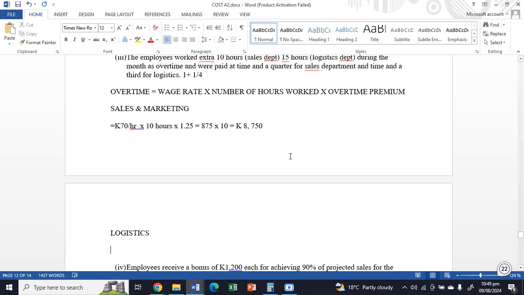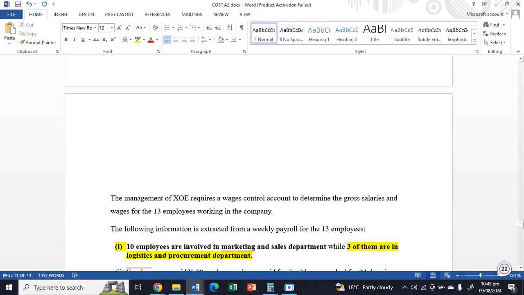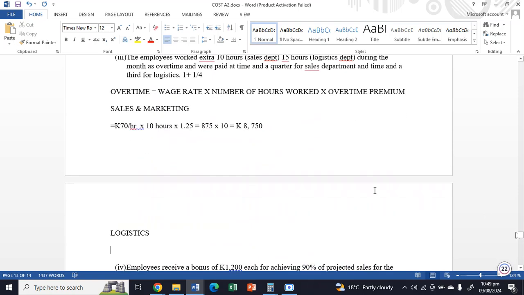All right, so now we go to logistics and procurement. Their rate is 80 kwacha per hour. Number of overtime hours worked, let's say that means 15 hours.